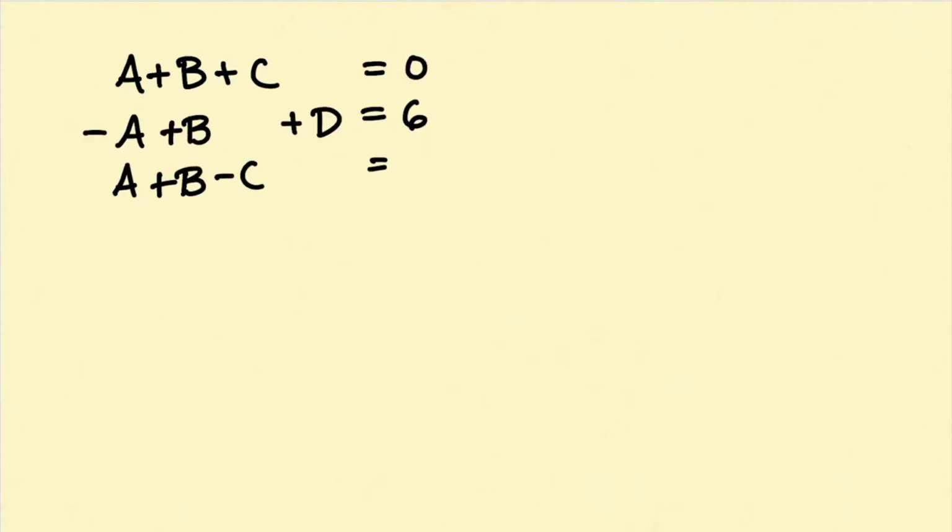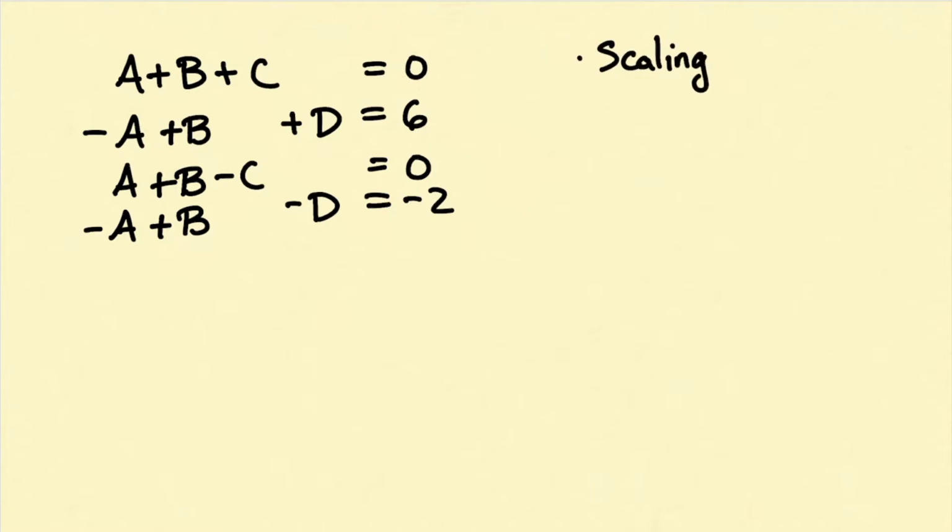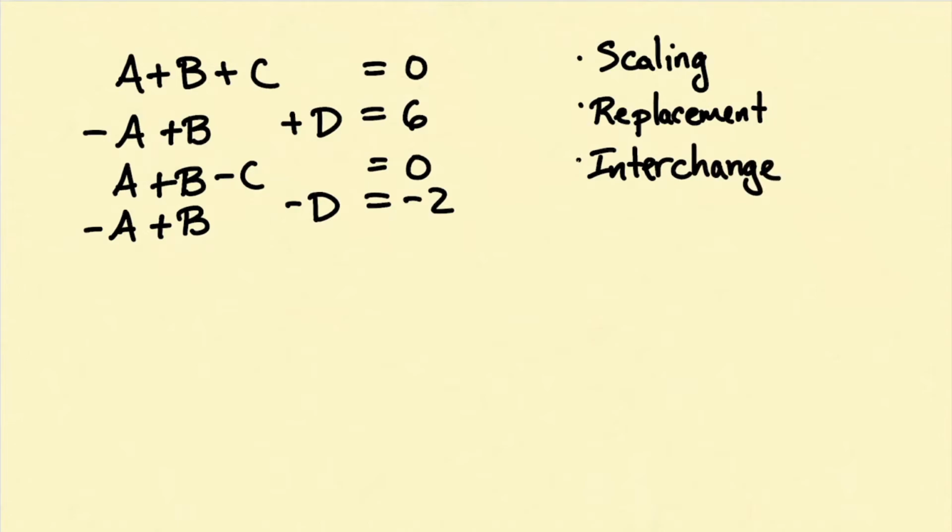To give you some idea about how things can get quite messy, let's turn back to our 4x4 system. My goal is to end up getting a 4x4 decoupled system: A equals something, B equals something, C equals something, and D equals something. To do that, I'm going to use only the 3 operations that we've defined.